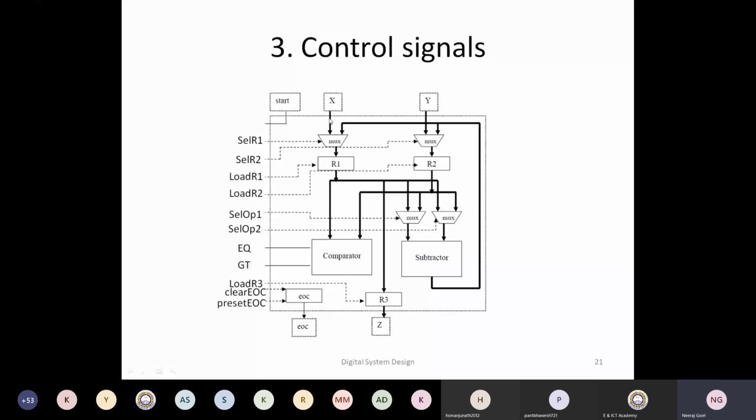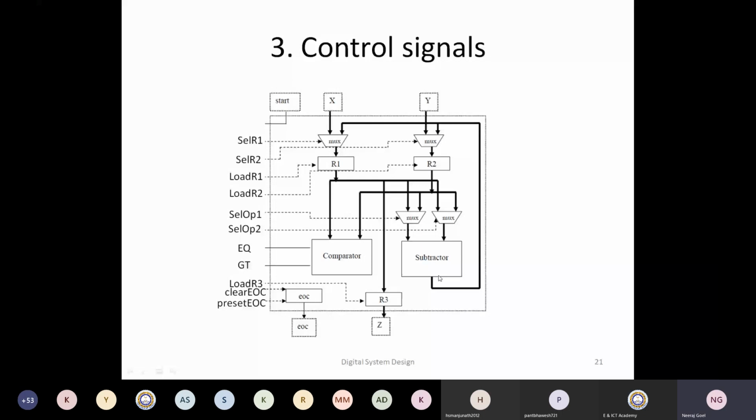Similarly, I would also require select R2, and I would require load R1 and load R2. When load R1 is asserted, only then the values in register R1 would be loaded from the previous values of X or subtraction.